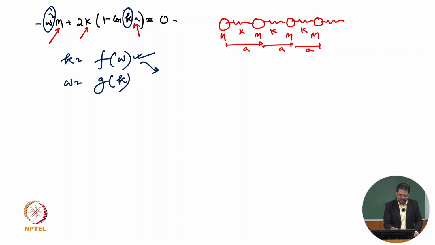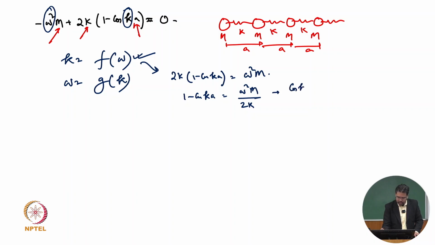If I go ahead with that, how should we solve it? 2k into 1 minus cos kappa a equals omega square m. So 1 minus cos kappa a will be equal to omega square m by 2k.